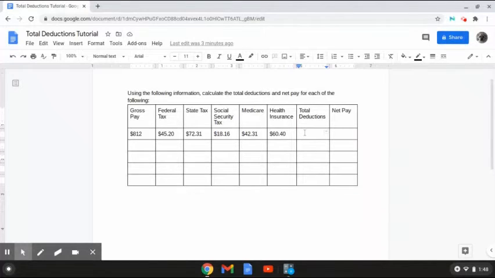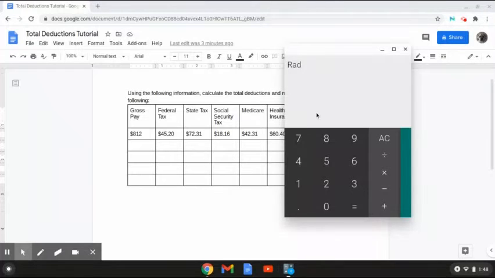And the way that we're going to be calculating the total deductions is by simply taking the federal tax all the way to health insurance and adding them together. So we're going to take 4520 plus 7231 plus 1816 plus 4231 plus 6040.